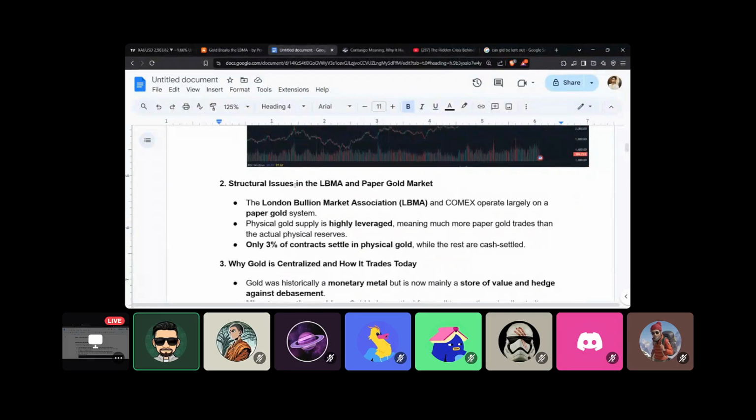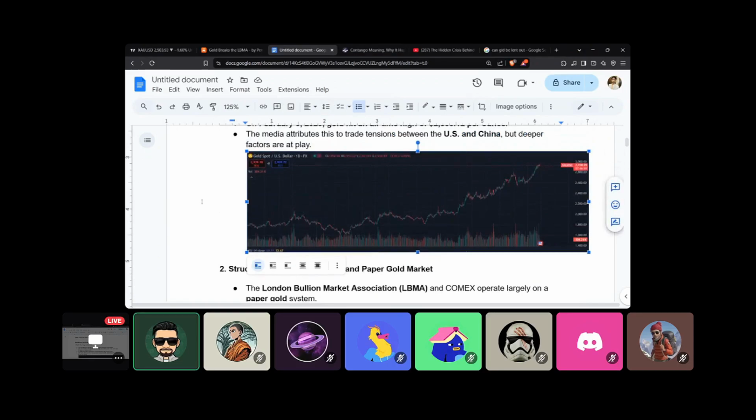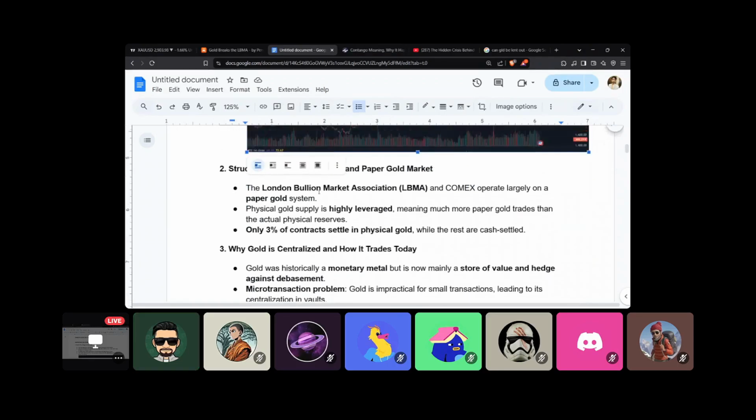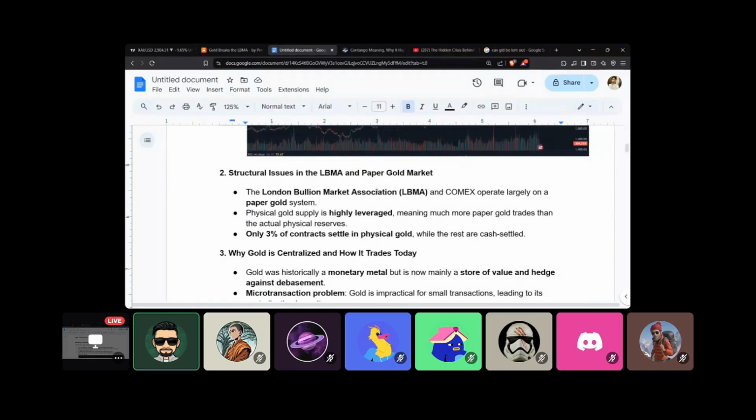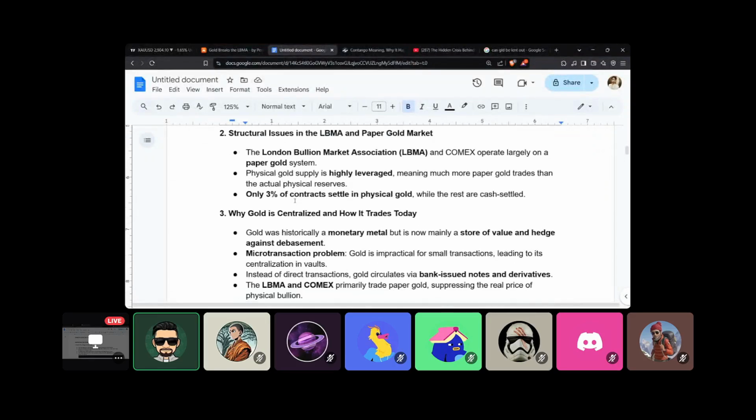So yeah, this happened because of structural issues in the LBMA, because the LBMA and COMEX operate largely on a paper gold system. So physical gold supply is highly leveraged, meaning much more paper gold trades than the actual physical reserves.